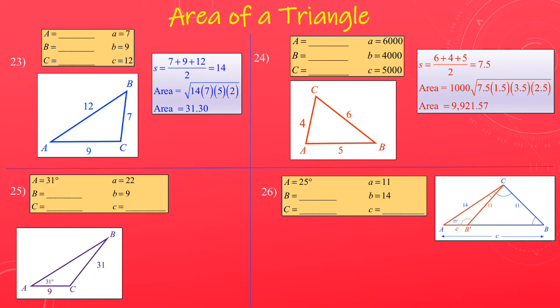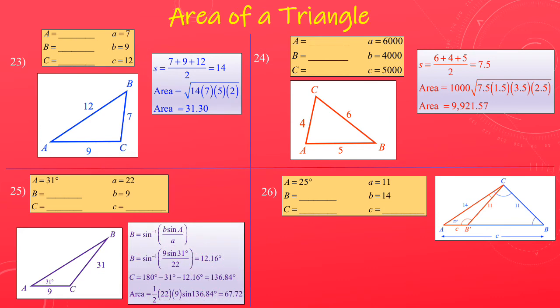Next, we have two problems involving side-side-angle. As you recall, this caused us to decide first whether triangles actually exist, and there was the possibility of two triangles. In number 25, we have angle A equals 31 degrees, little a equals 22, and little b is equal to 9.